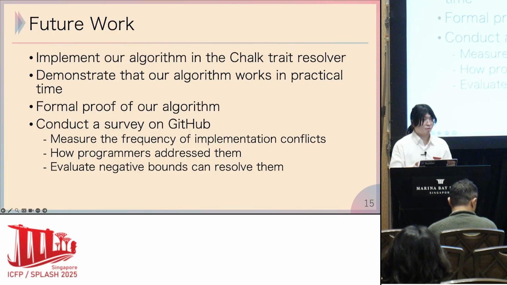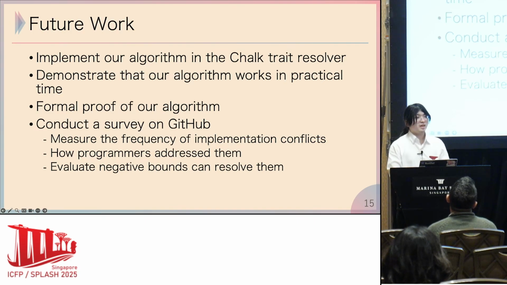So now we simply implemented the check algorithm for a simple subset of Rust, for quick implementation. It was pretty quick, 800 lines, not too much.